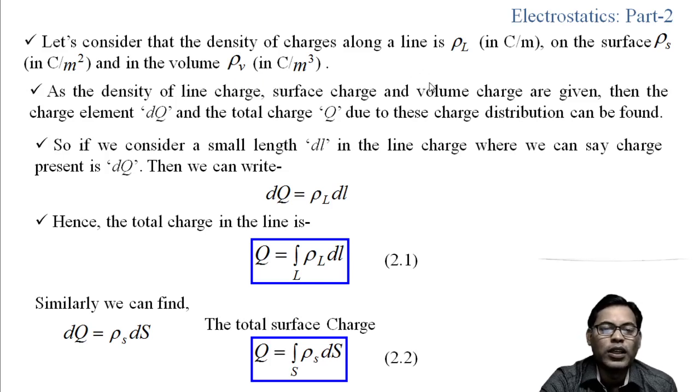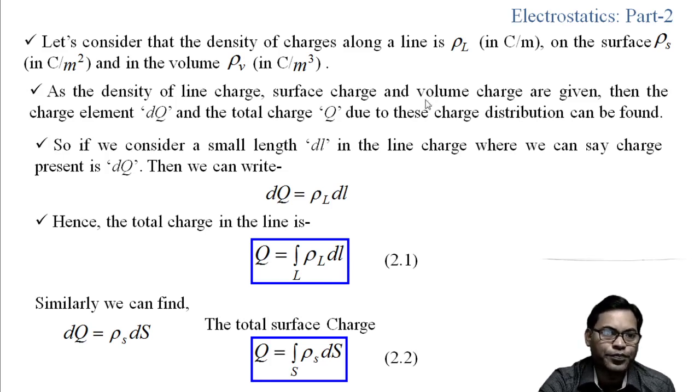Now, the density of the line charge, the surface charge and the volume charge is considered symmetric. So, from that we will calculate the total charge, and then we are going to use our known equation to calculate the electric field intensity, the equation which we have derived in the last class.